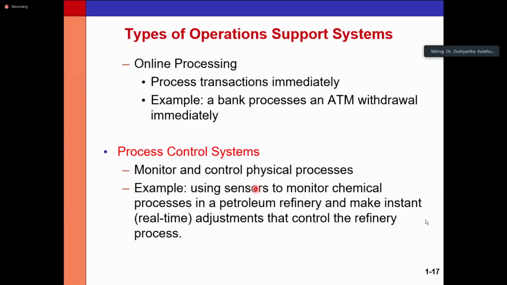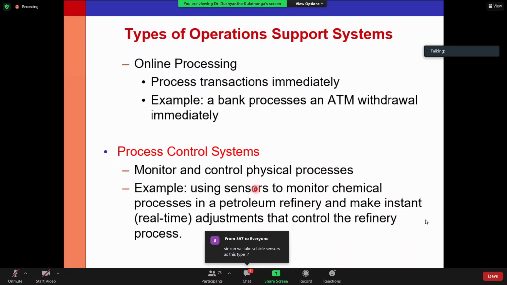Is there any question regarding process control systems? Vehicle sensors. There is a question, can we take vehicle sensors at this time? No, because vehicle sensors are not related to an industrial process.